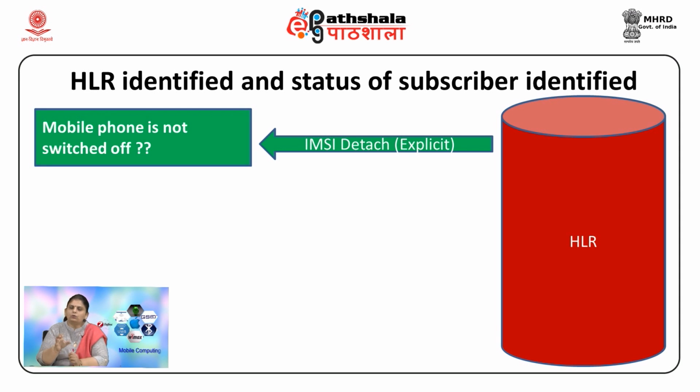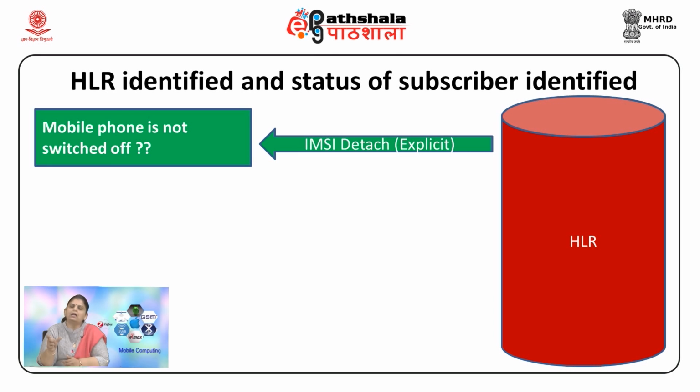We know that the HLR, home location register, is a database. A database contains information related to the mobile subscribers who are subscribed within that area. IMSI attach and IMSI detach are 2 fields which change periodically as the mobile phone is in different states. The literal meaning of detach is disconnected.